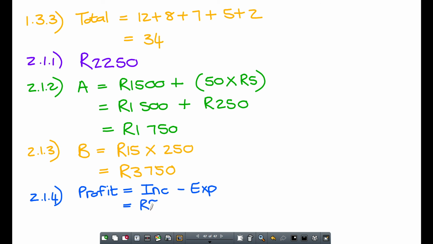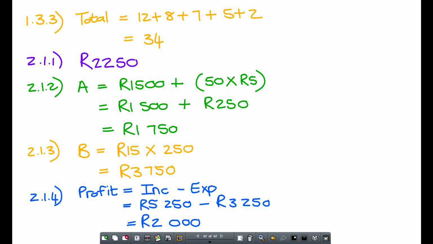Dit was gewees 5,250. And our expense at 350 pies was 3,250, which means that my profit would have been 2,000. R2,000 wins. Is julle reg daar? Any other questions? Okay, dan 2.2.